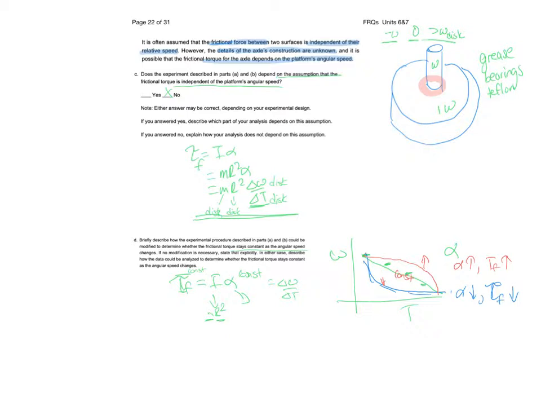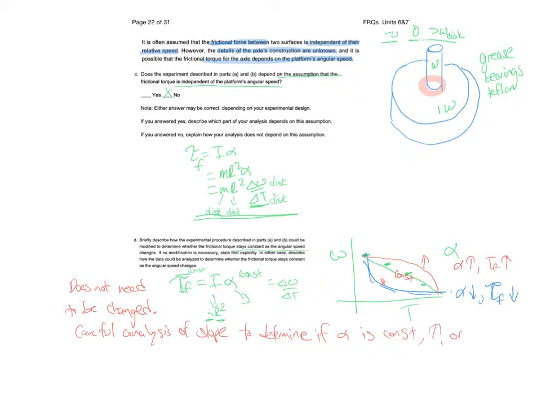So do we need to redesign the experiment to do this? The answer is no. We need to be explicit about that. It does not need to be changed. What we need to do is a careful analysis of the slope to determine if alpha is constant, increasing, or decreasing.